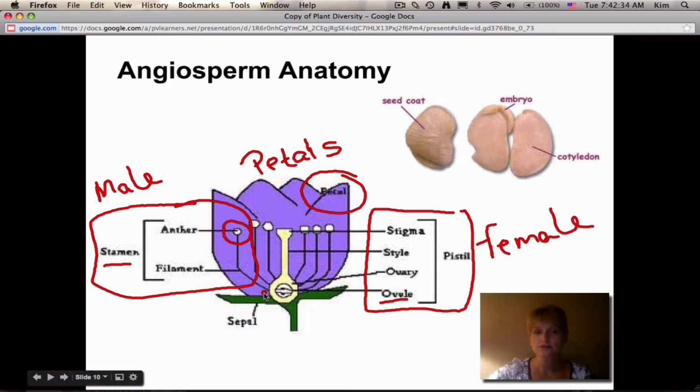And then down here towards the bottom we have the sepal. This is that little leaf that you have right underneath the flowering part, and the sepal is there to protect this part of the flower. So it protects the ovary and protects the connection where the petals are. And then this part, of course, is the stem.